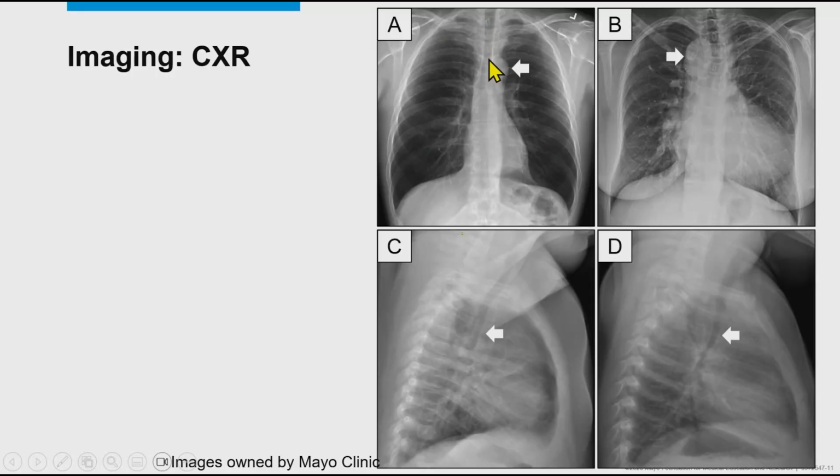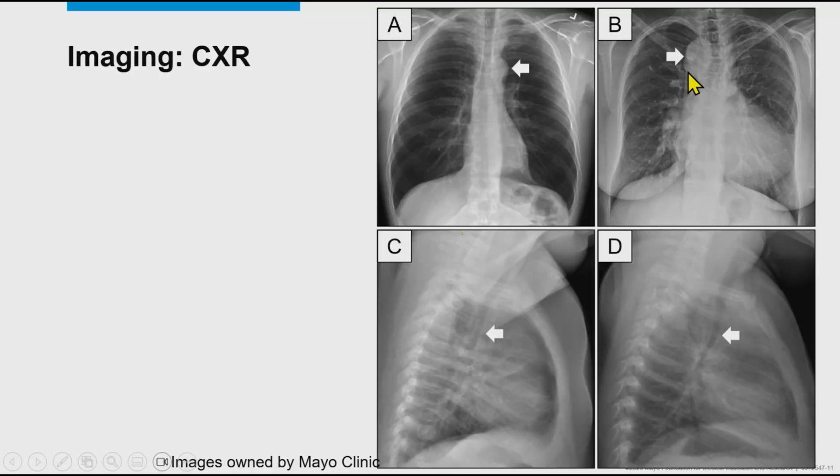So you can see the air in the trachea, and the normal trachea will be slightly to the right side, and then you'll have this aortic knob or indentation into the air column in the trachea on the left side. So that tells you that this is the left aortic arch.